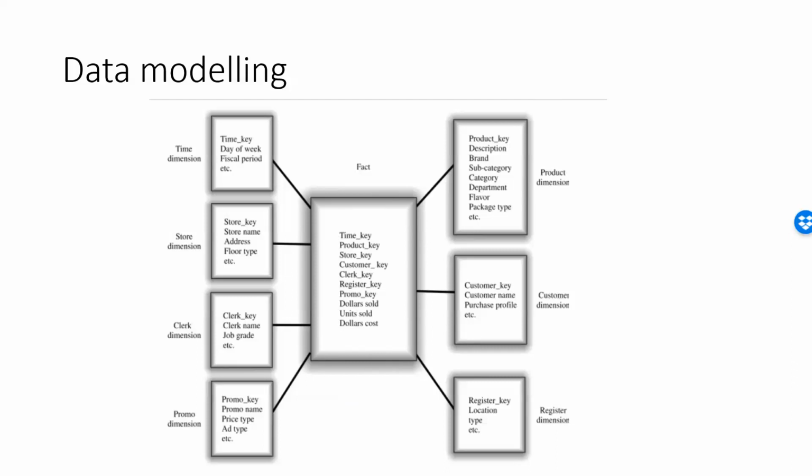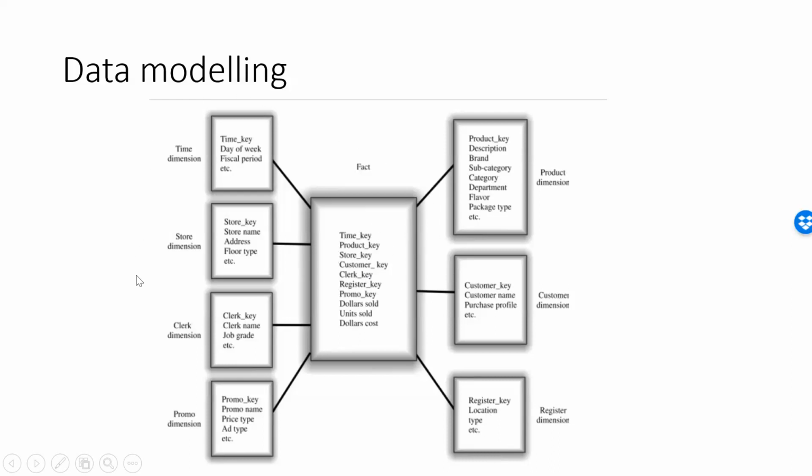We may be loading the data in a single day, maybe at non-business hours, loading the previous day's records over here. That is fine, but the original data is changing per moment. That is why the fact table is a very, very important table, and it's very large in size as well. Similarly, product key is there, customer key is there, register key is there. All those things are foreign keys.